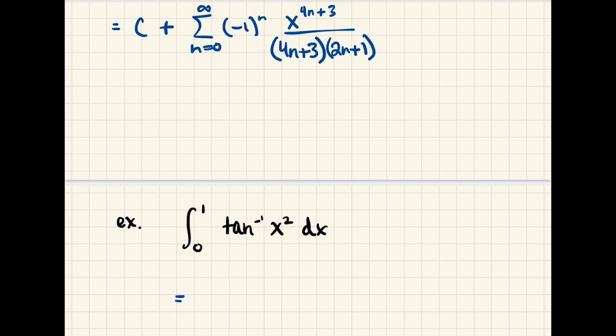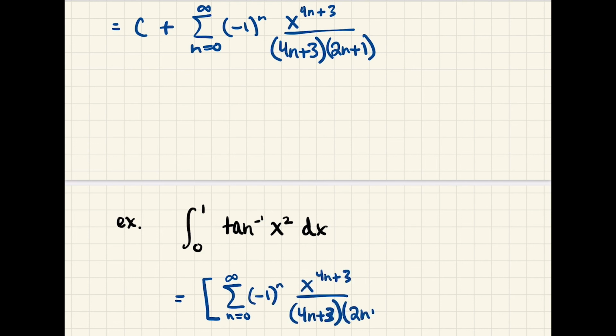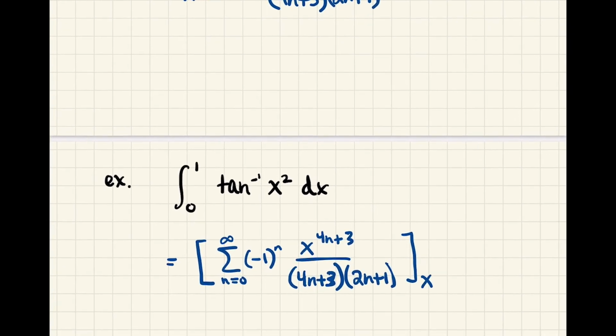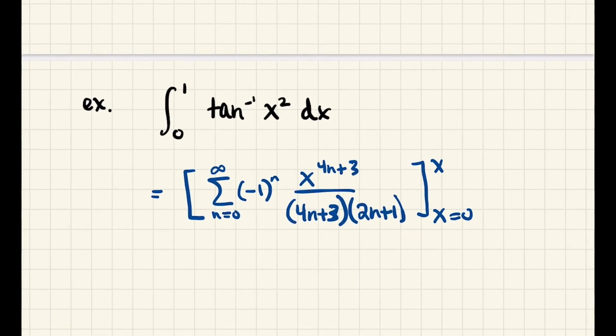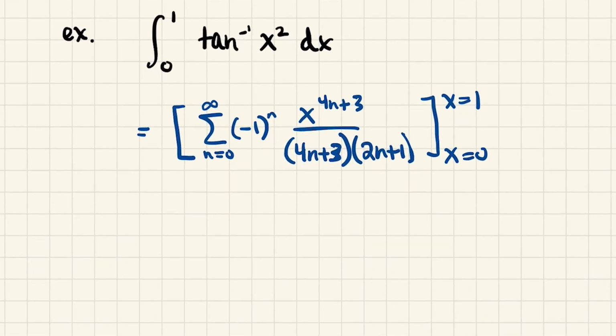Well, we know how to handle this because we know the antiderivative of inverse tangent of x squared is this ugly thing. And of course, we're just going to plug in x equals 0 and x equals 1 and do the subtraction. When we plug x equals 1 in there, we're going to get 1 raised to the 4n plus 3.